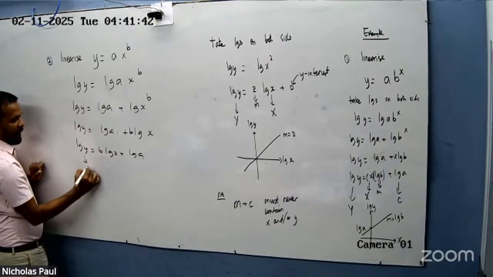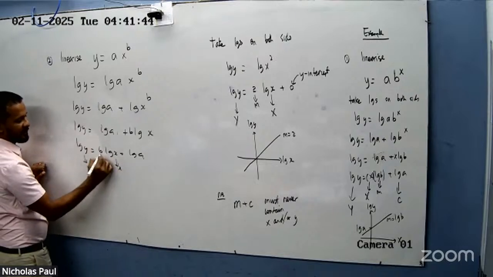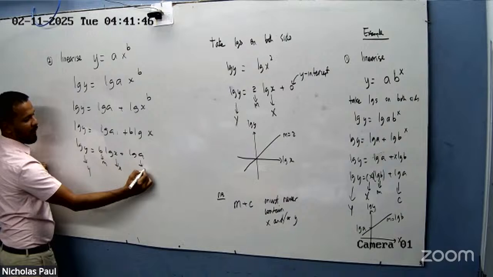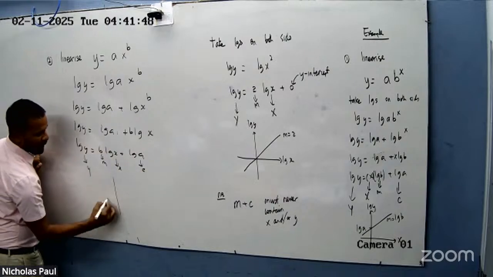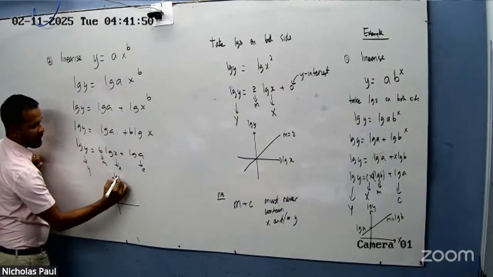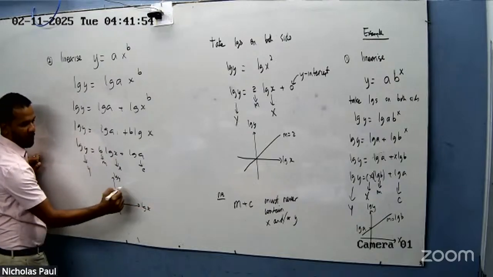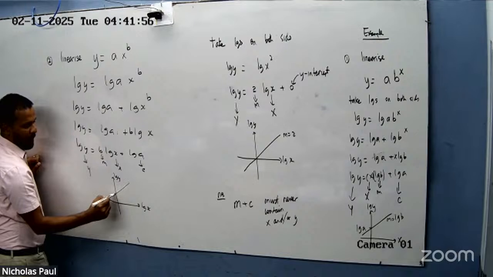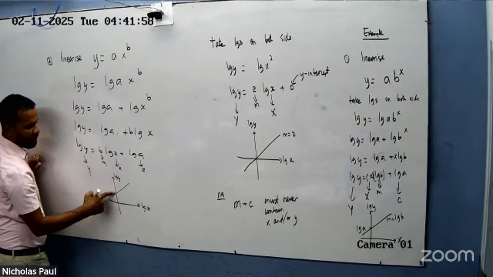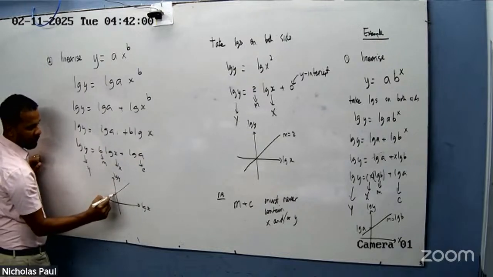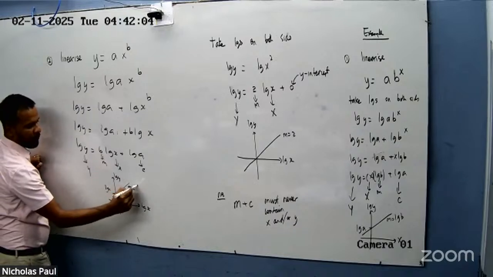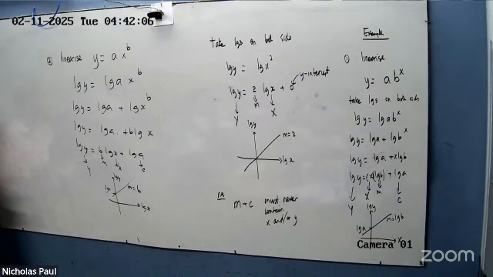This is your y, this is your x, this is your gradient, this is your y-intercept. If I plot, I will plot log y versus log x. When I do my best fit line, my y-intercept will be log a and my gradient will be equal to b. Very good.